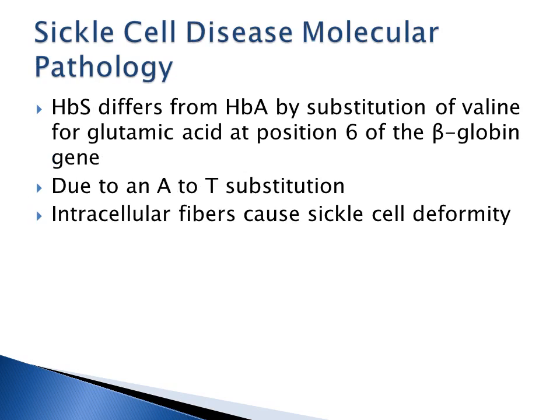In sickle cell disease, you have the sickle cell hemoglobin, which differs from your normal hemoglobin by a substitution of valine for glutamic acid at position 6 of the beta globin gene. So in the beta globin gene, you have an A to T substitution, which causes glutamic acid to become a valine, and intracellular fibers cause the sickle cell deformity in the red blood cells.